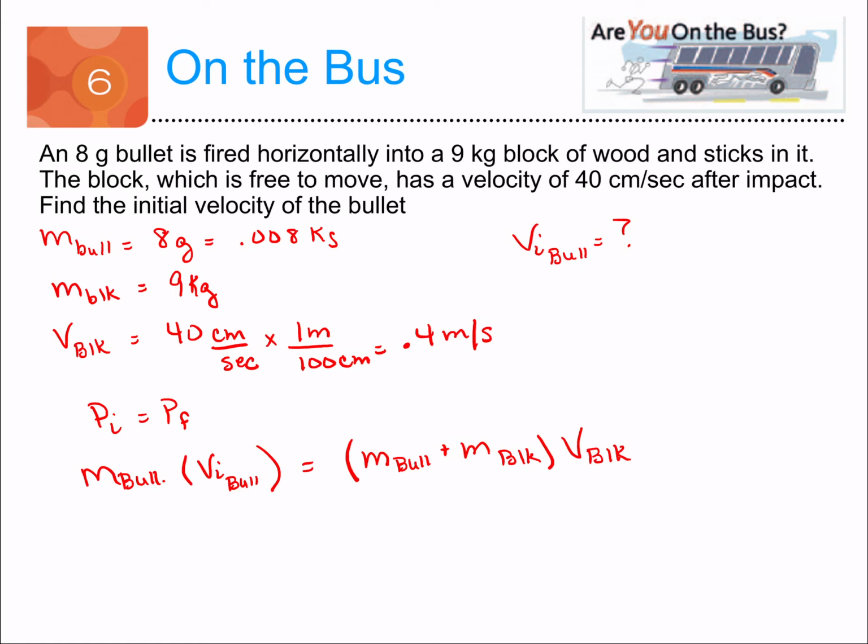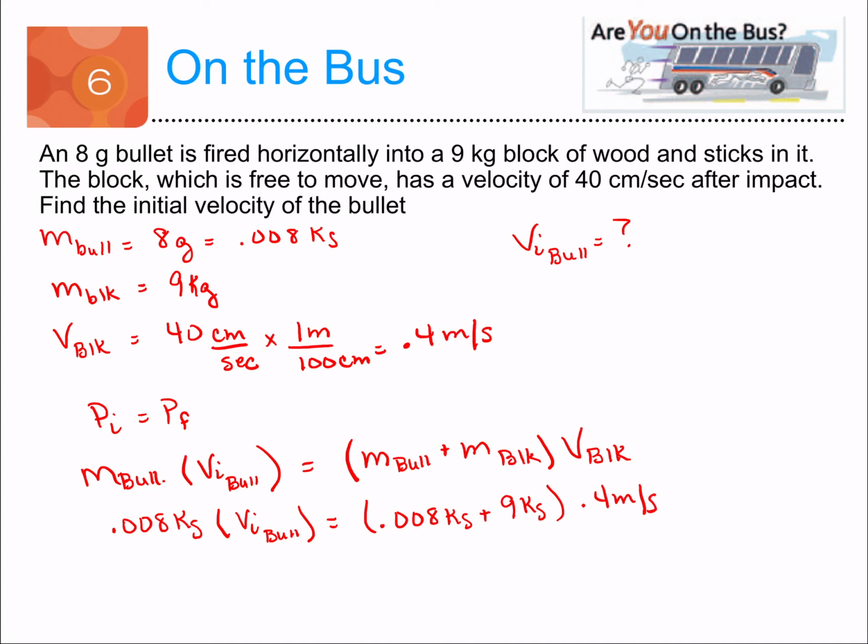The mass of the bullet is 0.008 kilograms, and we don't know its initial velocity. That equals 0.008 kilograms plus 9 kilograms, multiplied by the velocity of the block, 0.4 meters per second.